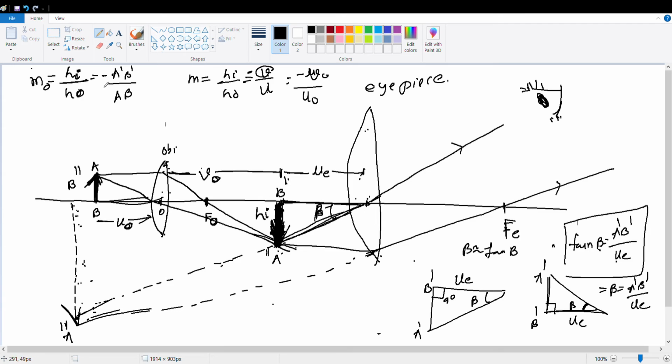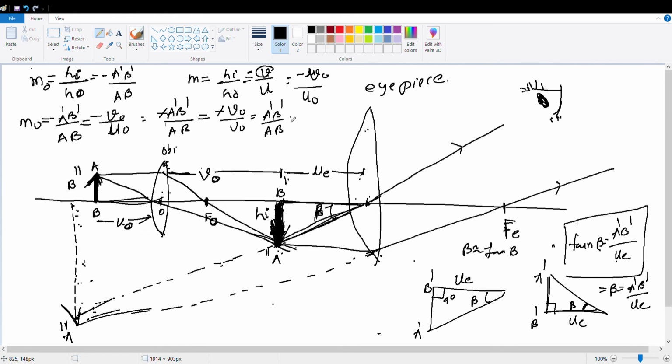So your MO is minus A dash B dash by AB equal to minus V naught by U naught. So both minus gone. So I can write A dash B dash by AB equal to V naught by U naught.